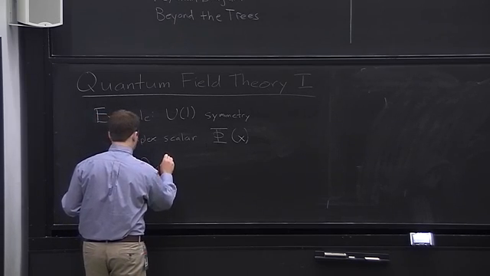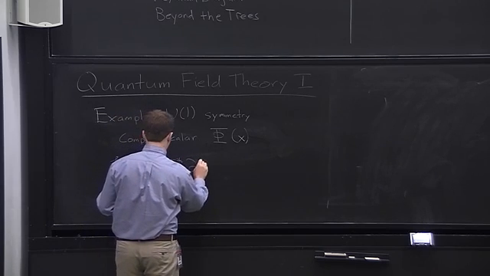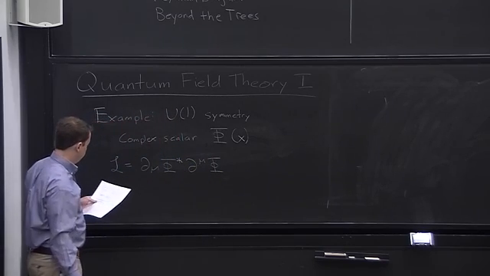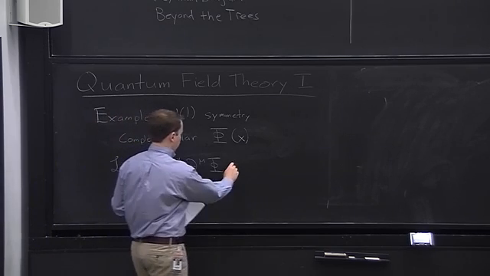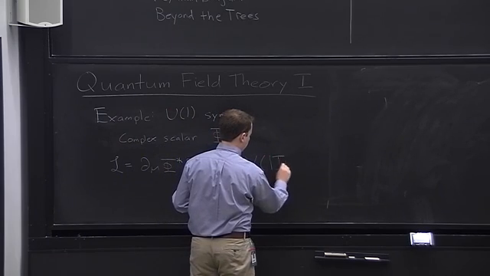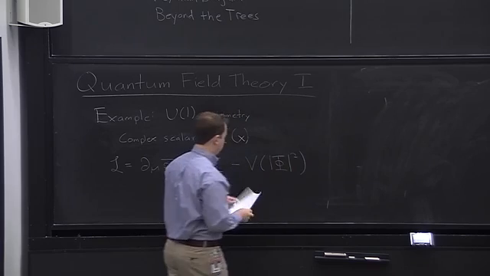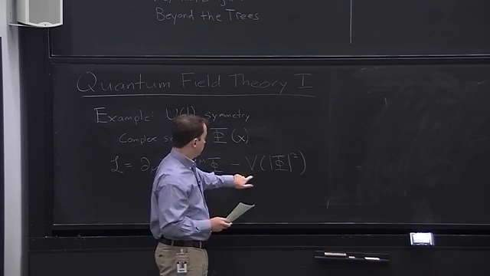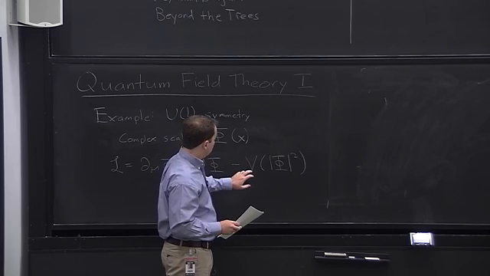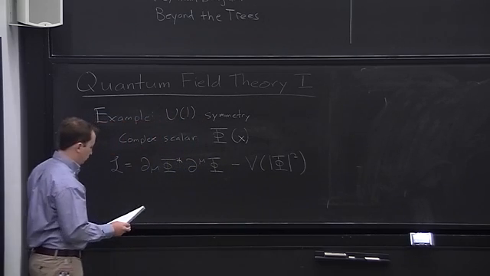If we take the kinetic term to be basically the same as what we had before, without the half, and with a conjugate on one of the terms, and then we can add a potential that's a function of the norm of phi squared. So if we choose this to be a quadratic potential, then we have another example of a free scalar field theory, and we'll come back to this example in future lectures and tutorials.